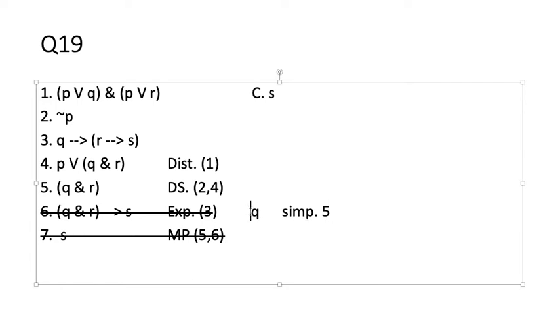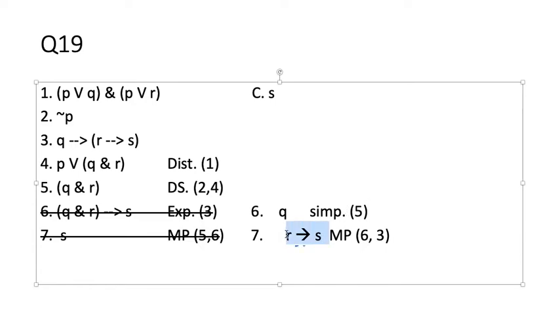So I was going to say we could have gotten Q via simplification on line 5, then on line 7 we could have used this Q with what we have on line 3 to get if R then S. Modus ponens 6 and what is it? 6 and 3. But actually this wouldn't get me the whole way to my conclusion.